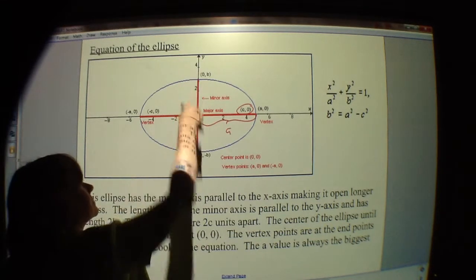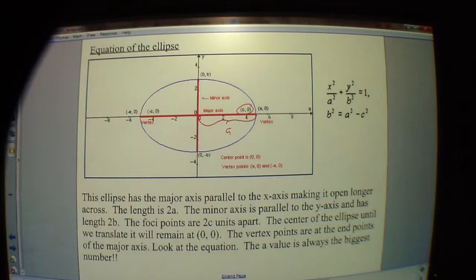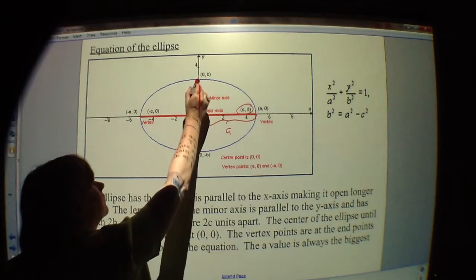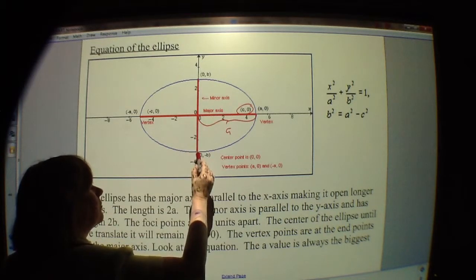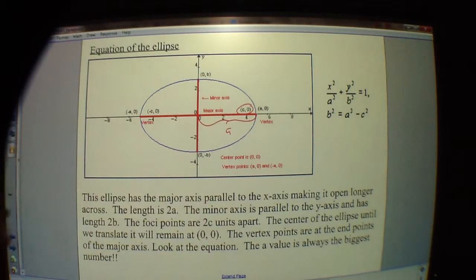The minor axis is the shorter axis. And from the center up to the ellipse, or the center down to the ellipse, that distance is B. So this ellipse has a major axis parallel to the x-axis, making it open longer across. It's elongated that way. The length is 2A.